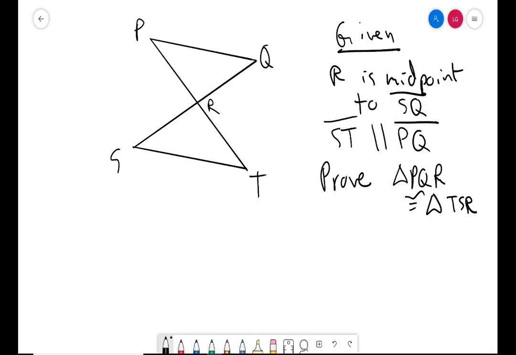Look at our given information. See it on the picture. Visualize it. Even if the picture isn't perfect, the given statements are true, so we can think about the picture in that way. So R is the midpoint of SQ, all right. PQ and ST are parallel.